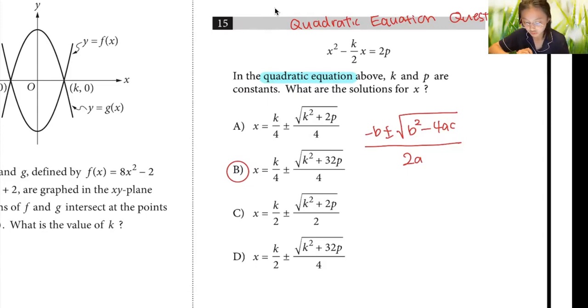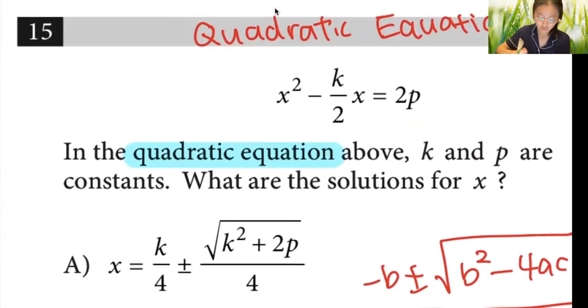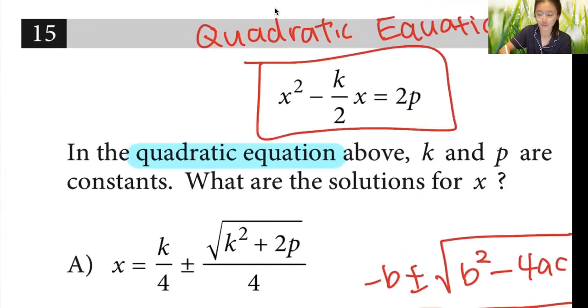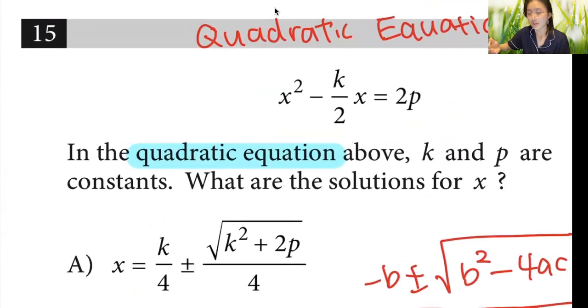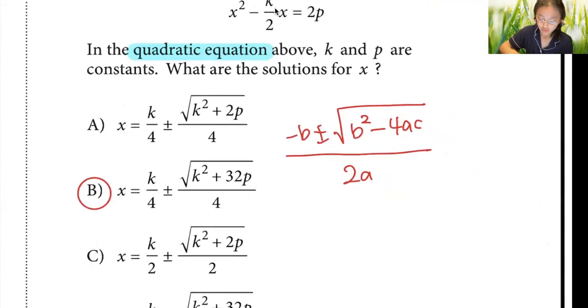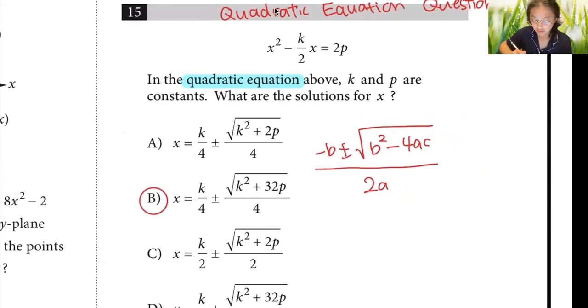So first of all, what you would ideally want to do is make the equation we're given equal to 0, or else we can't input the a, b, and c. Since it's x squared minus k over 2 x equals 2p, we have to make it x squared minus k over 2 x minus 2p. So we just subtracted 2p from both sides.